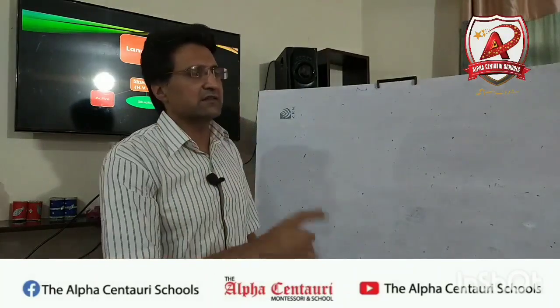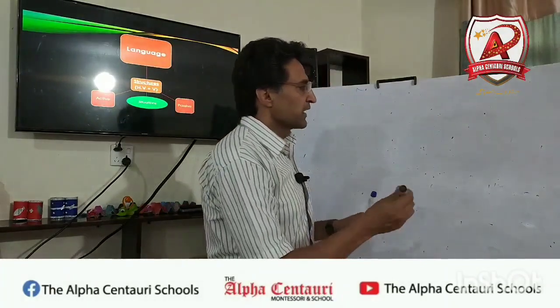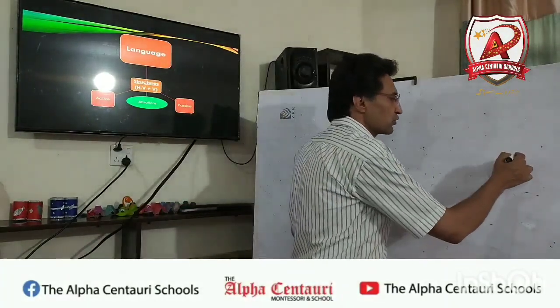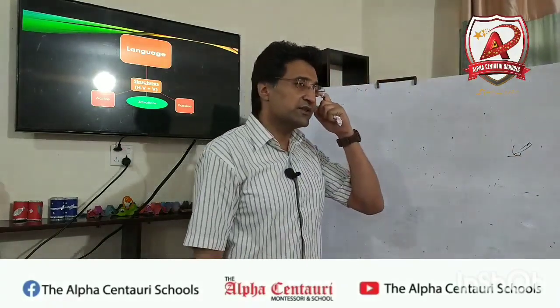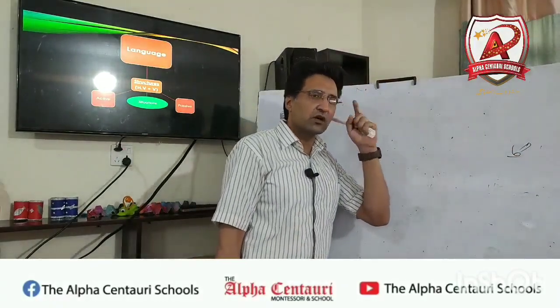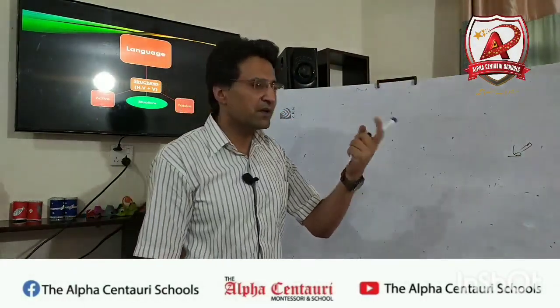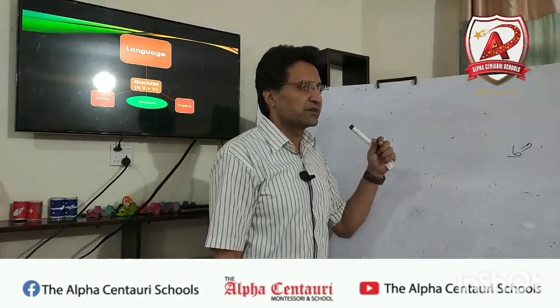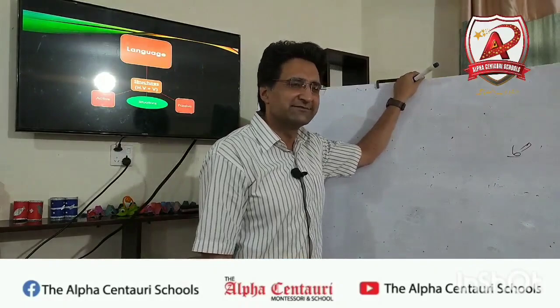Certain fixed structures. Just for an example, when we talk about Urdu, for a certain situation of future, we use what? Ga. Though ga is not always for future. Sometimes it is for past as well. For example, yesterday he would have come, or he must have come, I didn't see.